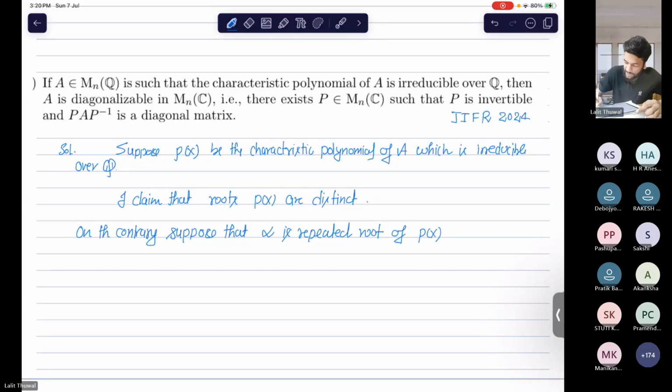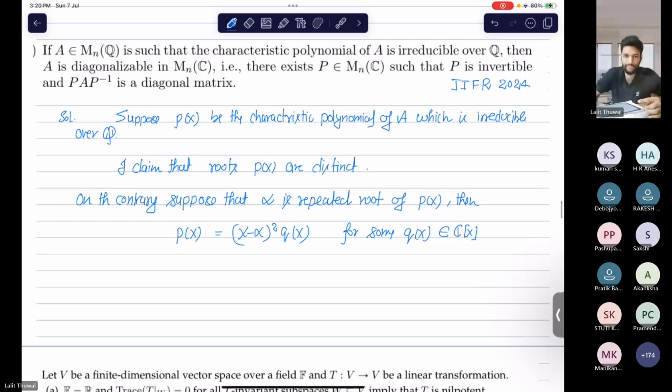Then P(x) is equal to (x minus alpha) square times q(x) for some q(x) in C[x], right?